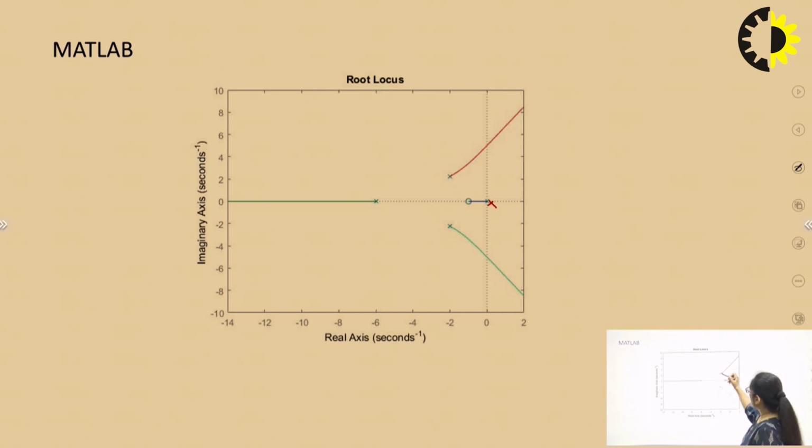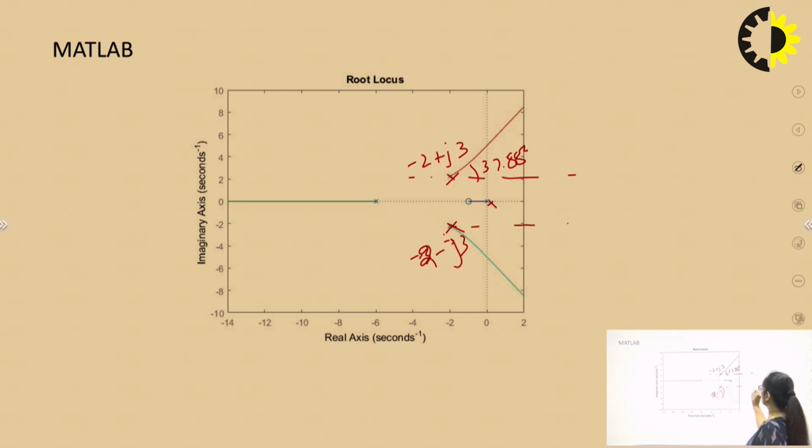These are the two complex poles, minus 2 plus J3 and minus 2 minus J3. This is the angle we have found, the angle of departure, 37.88 degrees, and this angle in the clockwise direction is minus 37.88 degrees.